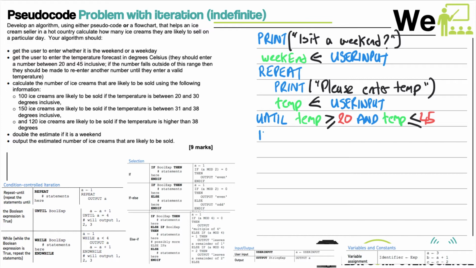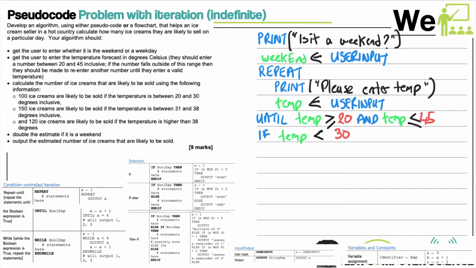So if what? Well, if we're checking if the temperature is between 20 and 30. Now, you can't put a number lower than 20, right? So we're saying if temp is between 20 and 30 inclusive. So if you said less than 30, you're not including 30.